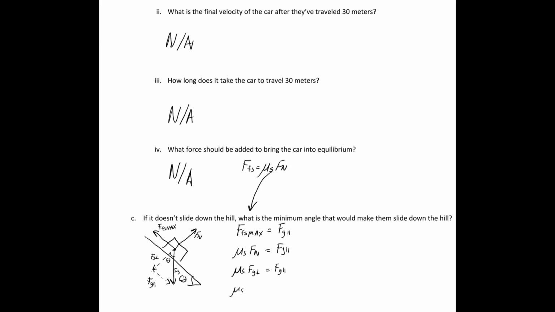So mu s times Fg cosine theta. That's from the shortcut. It's the adjacent and the hypotenuse. So the shortcut makes it Fg cosine theta is equal to, now the parallel component, that's opposite, and we'll use the hypotenuse. So again, the shortcut tells us it's equal to Fg sine theta.